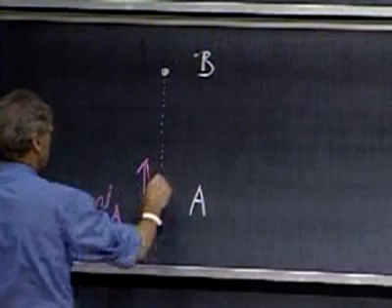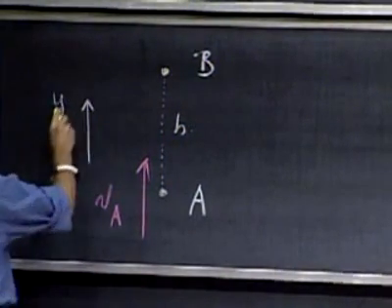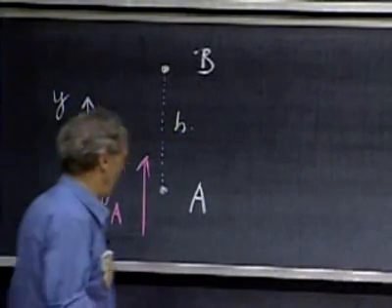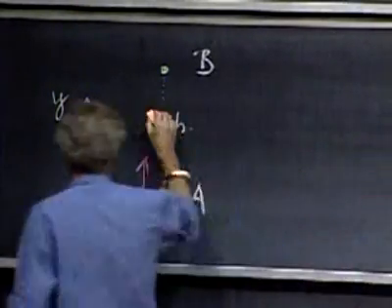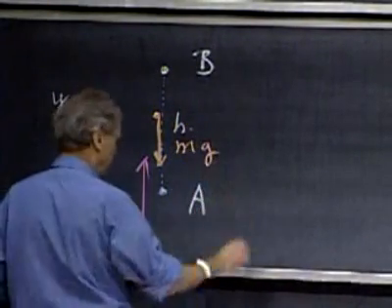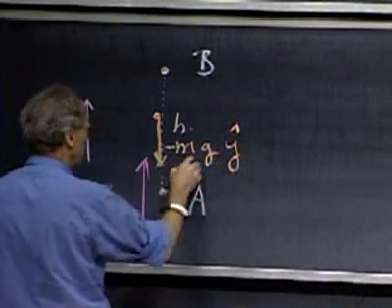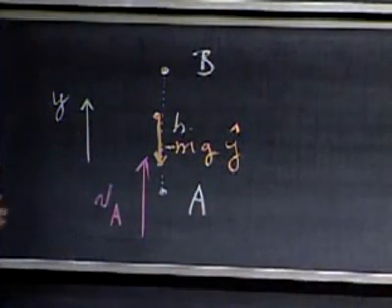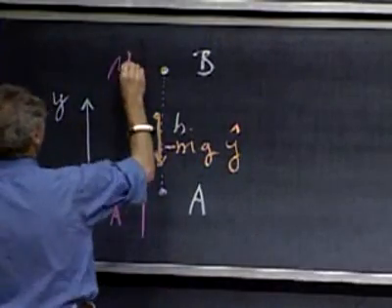And let the separation be h, and this could be my increasing y direction. The object has a mass m, and so there is a gravitational force, which is mg, and if I want to give it a vector notation, it's mg y roof. This is my increasing value of y. When it reaches point B, it comes to a halt.